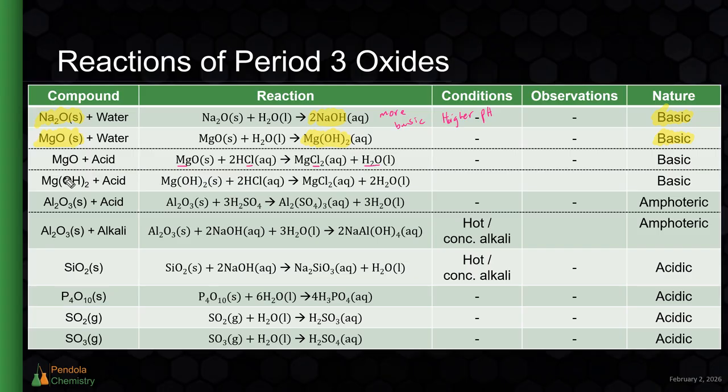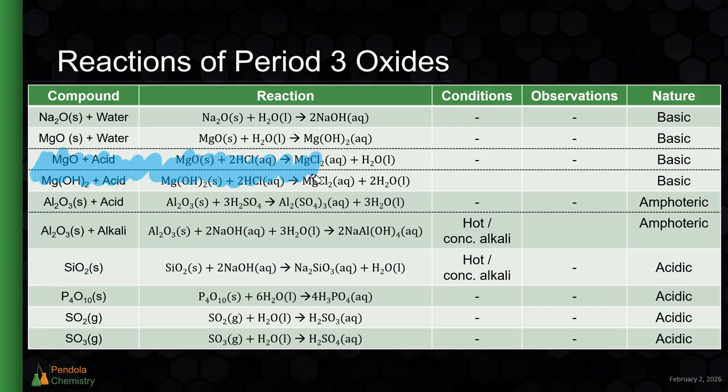Magnesium hydroxide does the exact same thing. Magnesium hydroxide reacts with hydrochloric acid to create magnesium chloride and water. So whether it's magnesium hydroxide or magnesium oxide, I'm going to highlight both of these, they do the exact same thing.